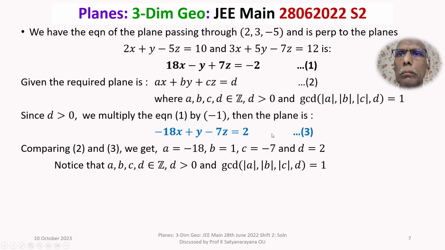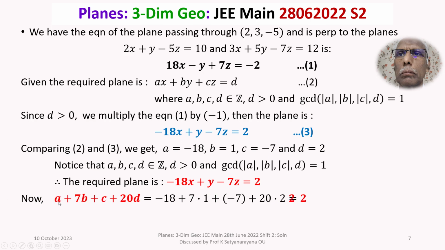Therefore, what are the values of a, b, c, d? These are the values. And we are required to find the value of a plus 7b plus c plus 20d. a is minus 18, plus 7 into b, b is 1, plus c, c is minus 7, plus 20d, d is equal to 2, 20 into 2.